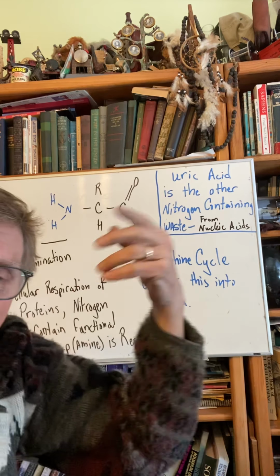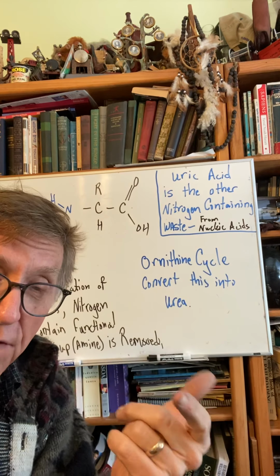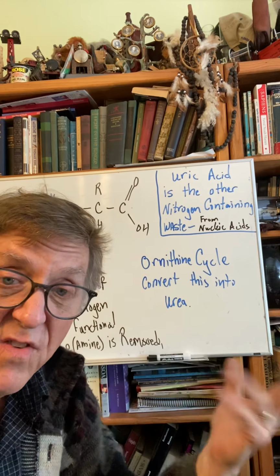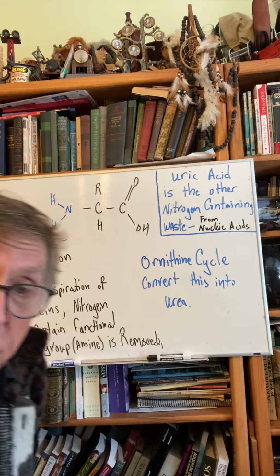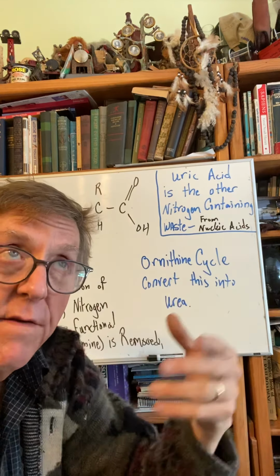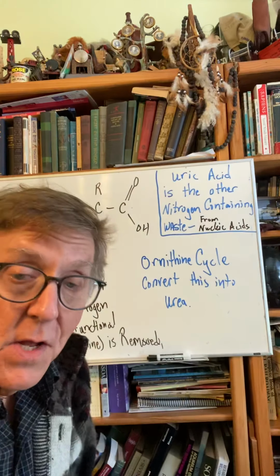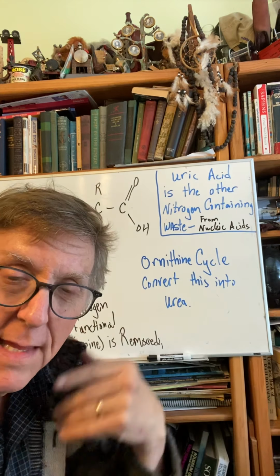This is the cycle that occurs to convert this very toxic ammonia into a less toxic product called urea. And so urea is one of the products that is filtered and is allowed to leave in the filtrate as part of the urine.